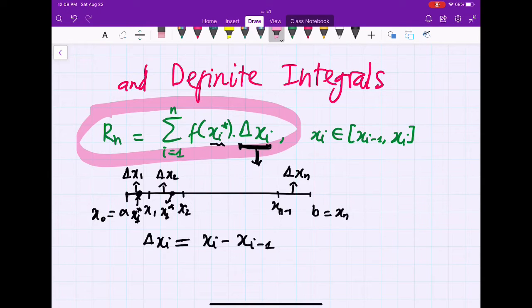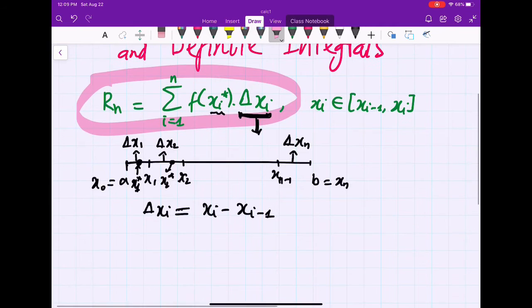So when xi star are left endpoints, you have the Riemann sum with left endpoints, and if xi star are right endpoints, you have the Riemann sum formula using right endpoints. That is the general definition of the Riemann sum.